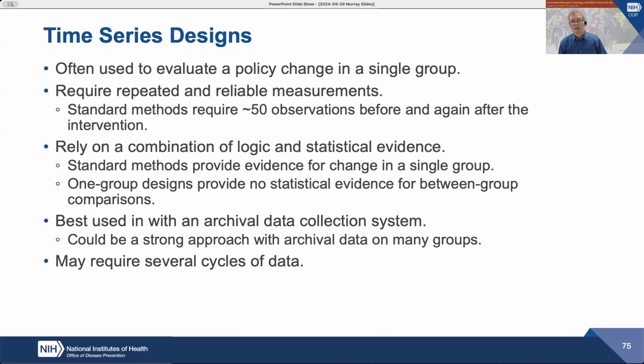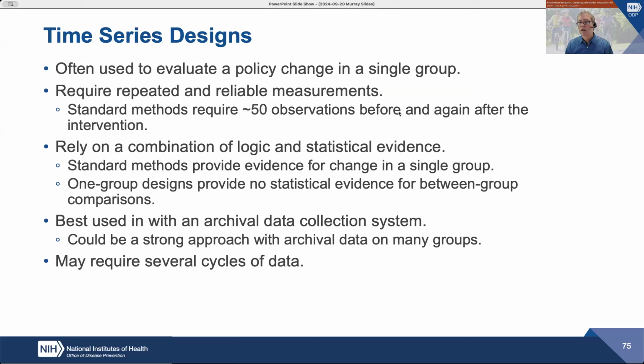What about a time series design? It's a great design for looking at the effect of an intervention in a single group. It requires repeated and reliable measurements. Very often you'll need as many as 50 measurements before the intervention is introduced, and perhaps another 50 after the intervention is introduced.